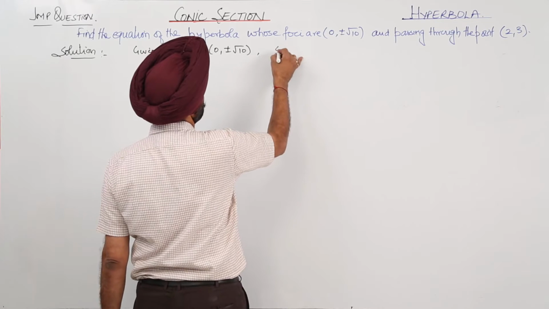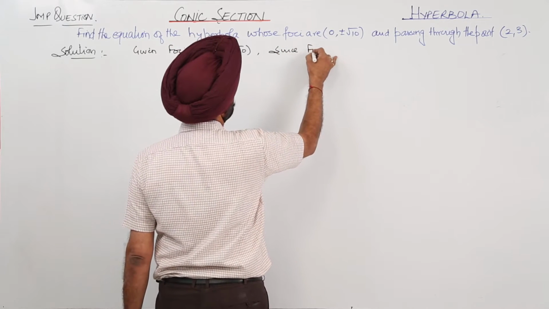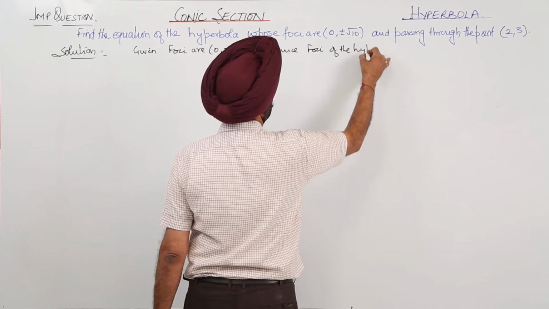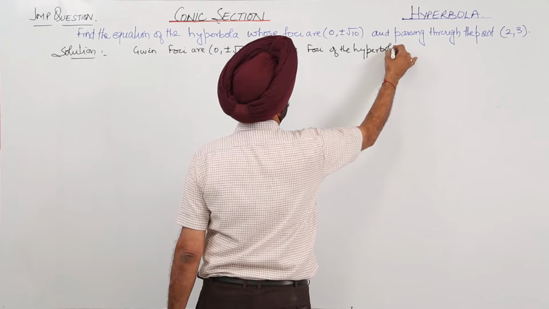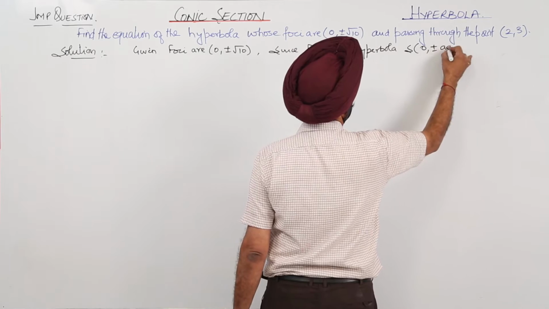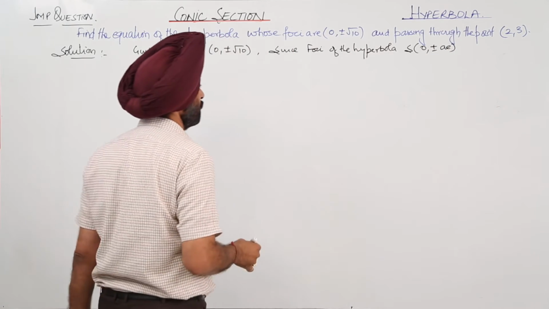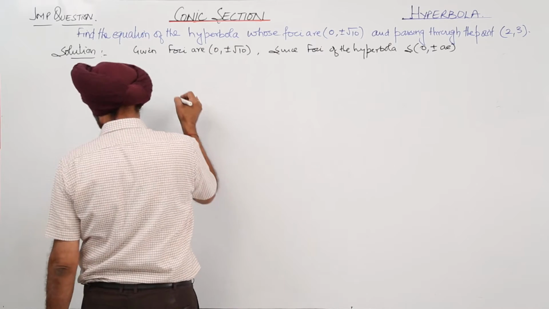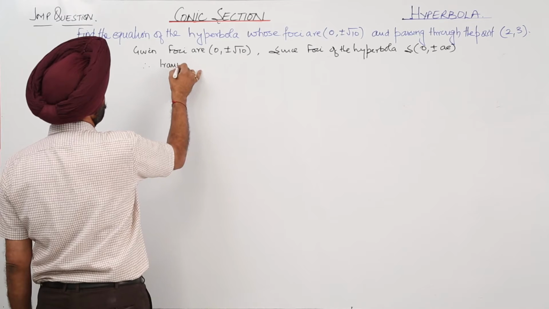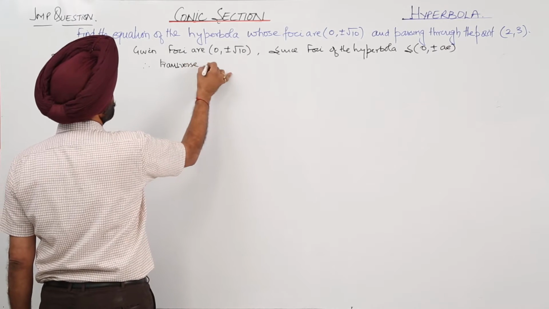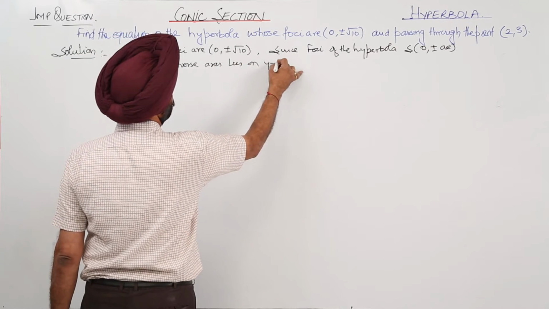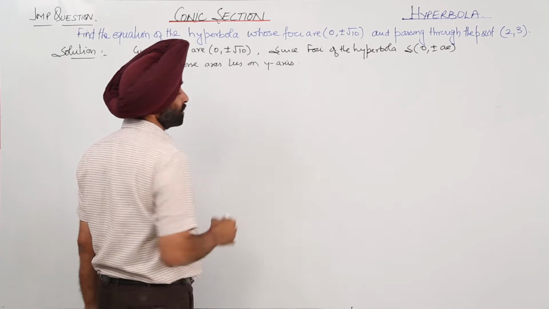Now since foci of the hyperbola is (0, ±ae), therefore transverse axis lies on y-axis. First important step.